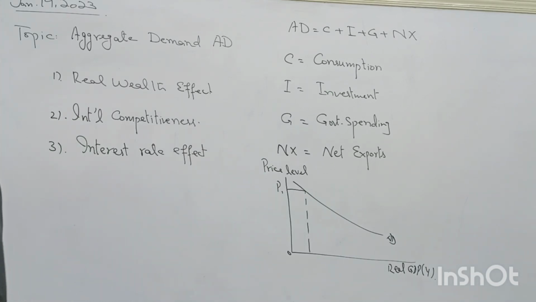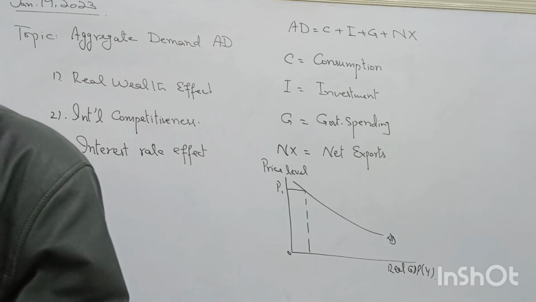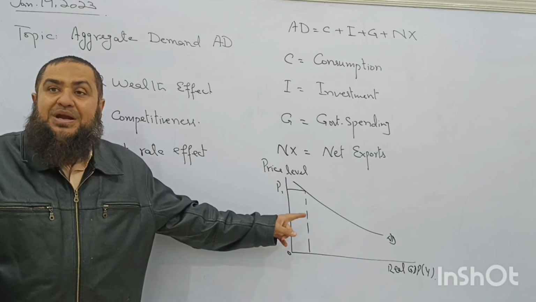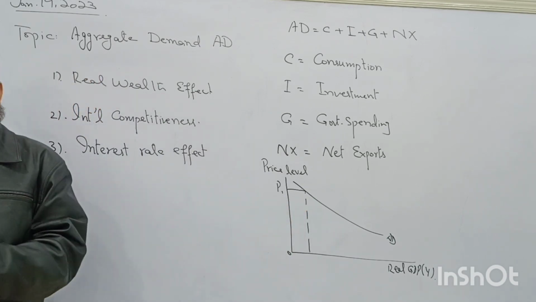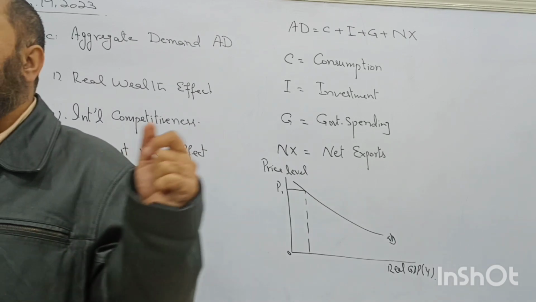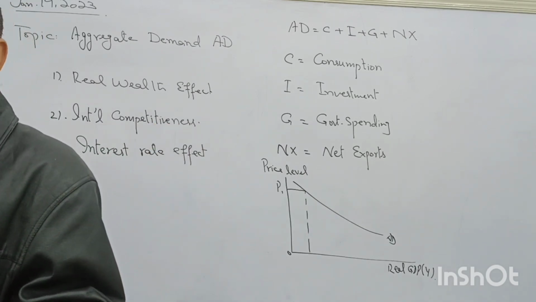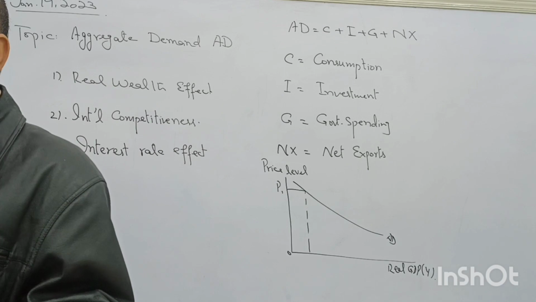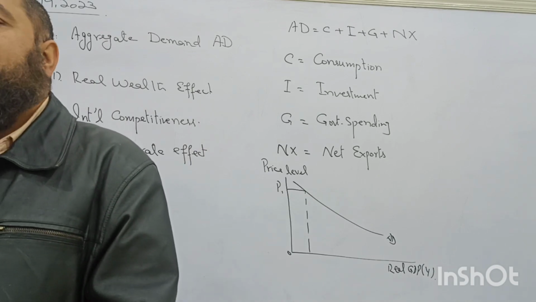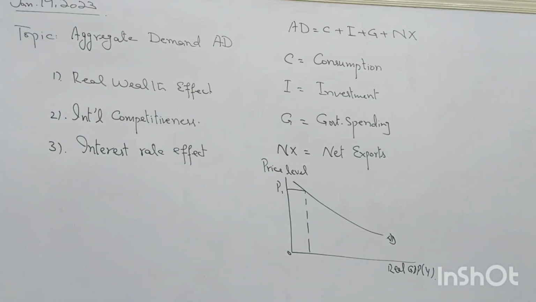So when the interest rate increases, people will borrow less. That's why they demand fewer goods when prices are high, because they cannot afford the goods within their own income. When more people rush to the lenders, the lenders increase the rate of interest.